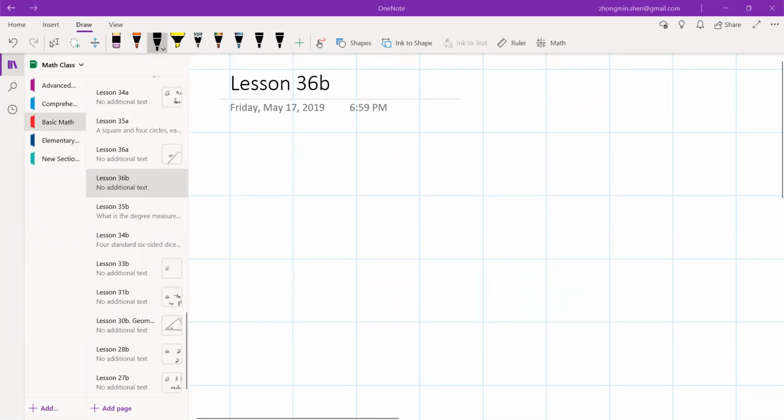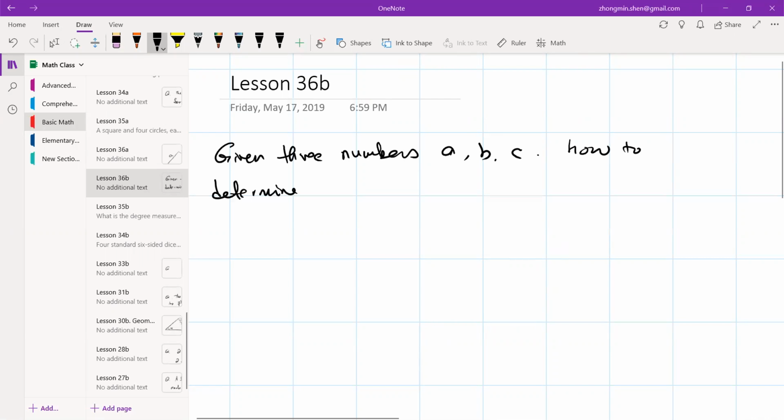Okay. Given three numbers A, B, C, how to determine whether they are the sides of a triangle?